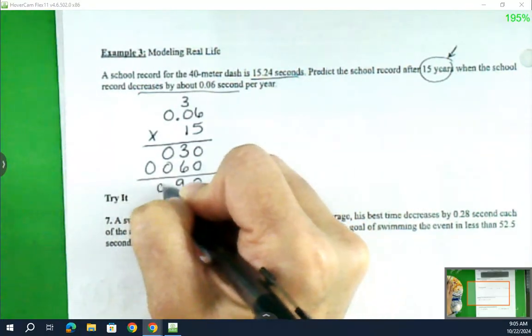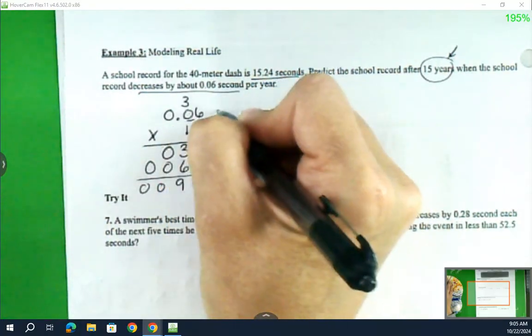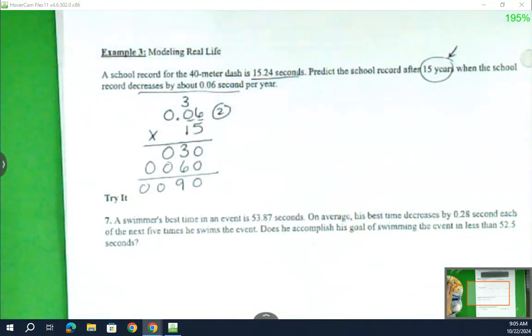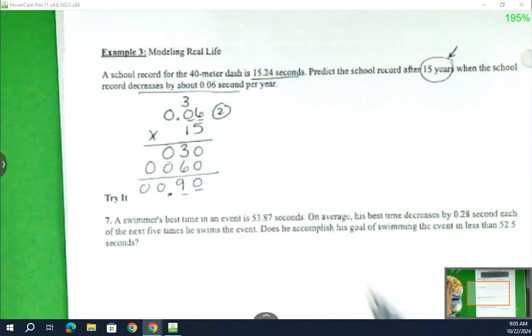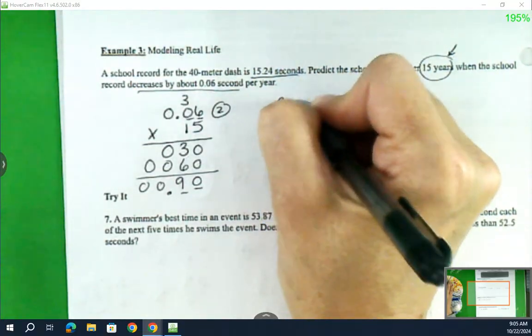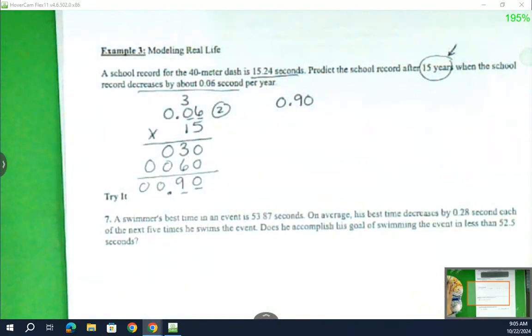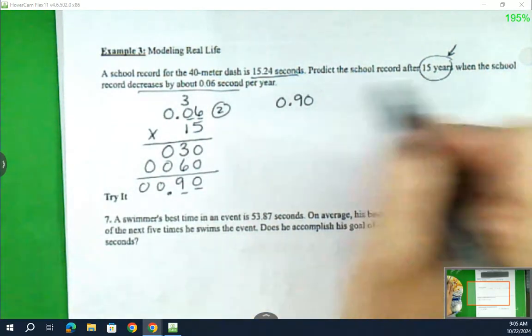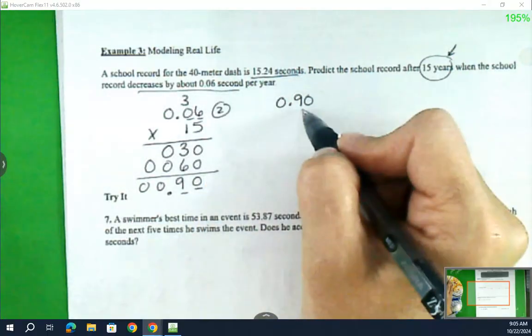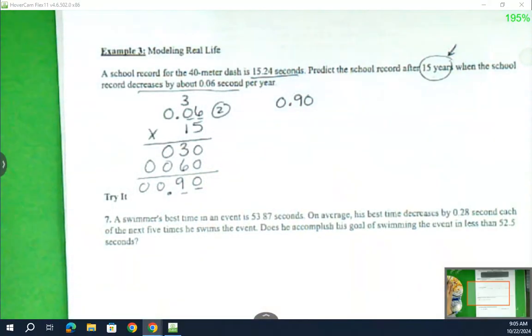Adding up our digits, we have 2 decimal places in our math question, so we're going to have 2 decimal places in our math answer. So we are shaving off about 0.90 seconds in total for the 15 years, because that was the 0.06 per year. So it's 0.9 for the 15 years.